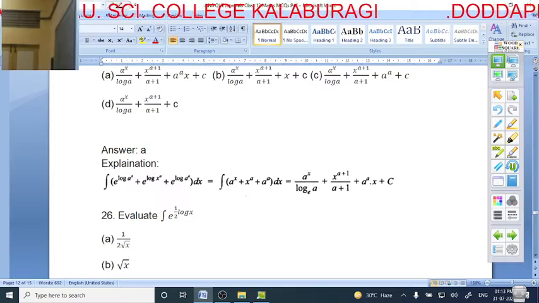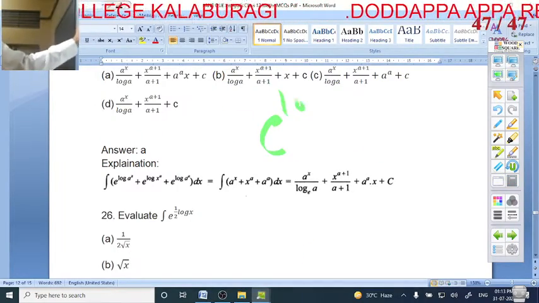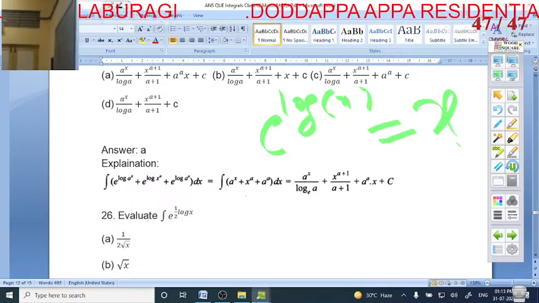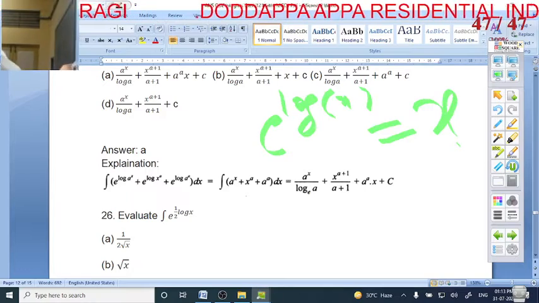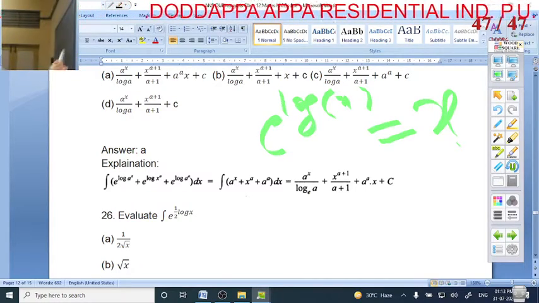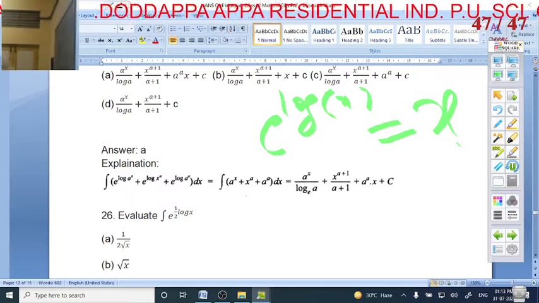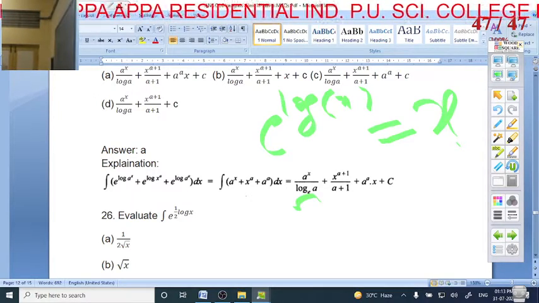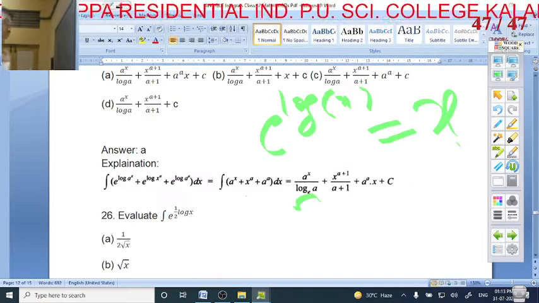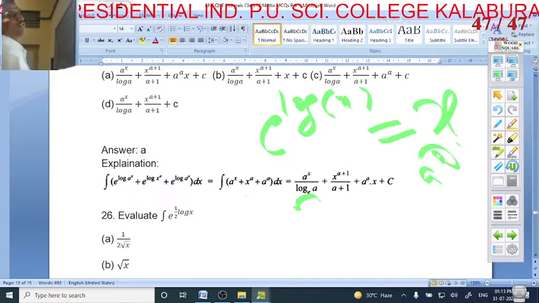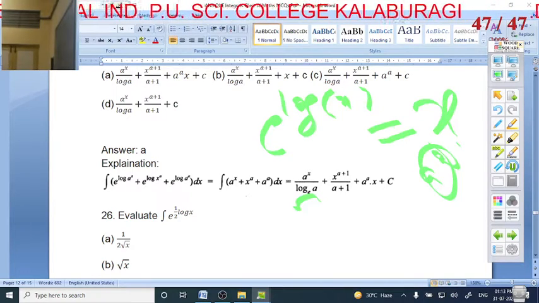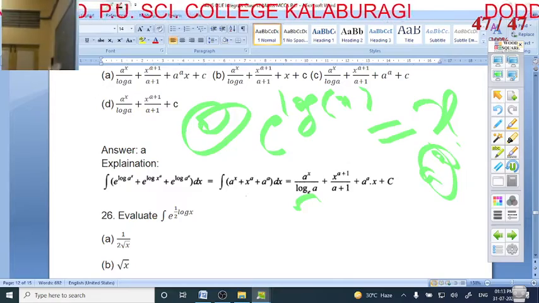There is a standard theory: exponential raised to a logarithmic function is the function itself. With the help of that, we integrate a to the power x, x to the power a, and a to the power a. Integration of a to the power x is a to the power x divided by log a. For x to the power a, it is x to the power a plus 1 divided by a plus 1. a to the power a is a constant, and integration of dx is x, plus c. So the answer, the first option, is correct.